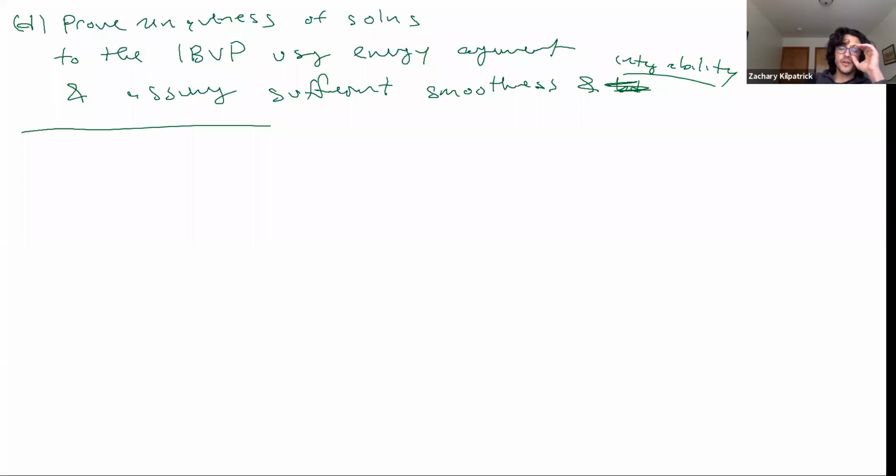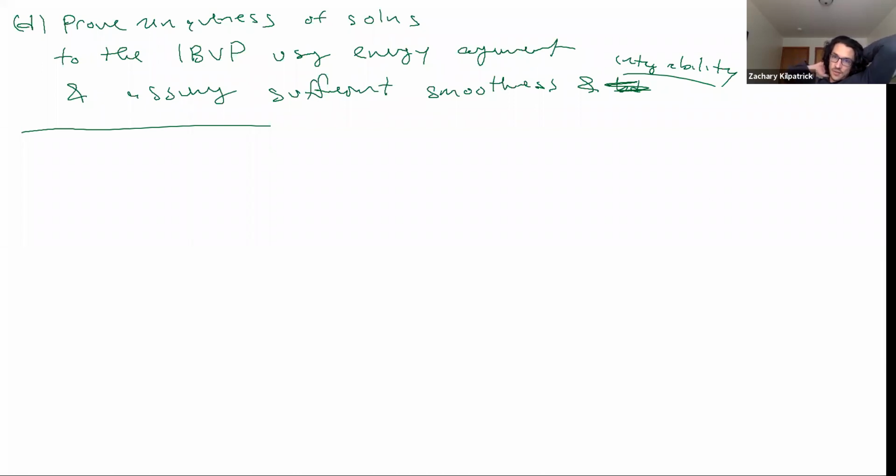Yeah, as you should have found in the homework problems, when you're using the energy argument to prove uniqueness and you do this integration by parts, then the boundary conditions are going to show up. But remember that when you compute the energy for the differenced problem, everything should be homogeneous.